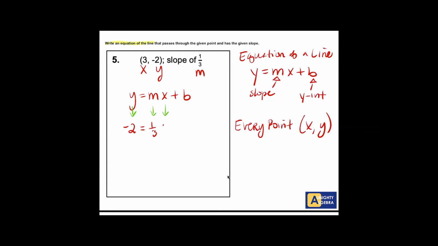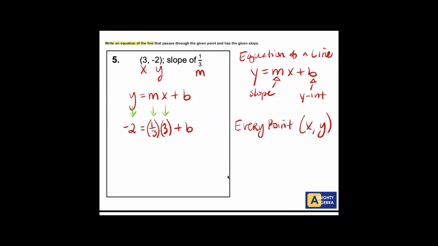My x is 3. Now you want to put the 1/3 and the 3 in parentheses, because when you substitute, you should use parentheses. It's a multiplication. And then at the back, we're just going to put plus b. I do not have a y-intercept. I was not given that information. So basically the goal of this problem is to use what you have to form an equation and solve for what's missing. We're going to solve for the y-intercept.